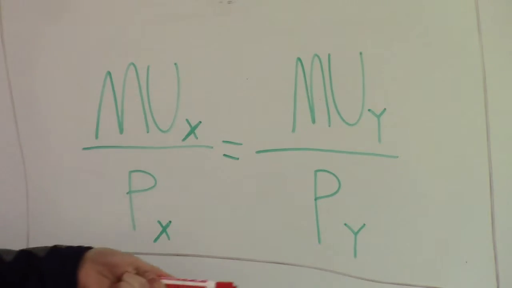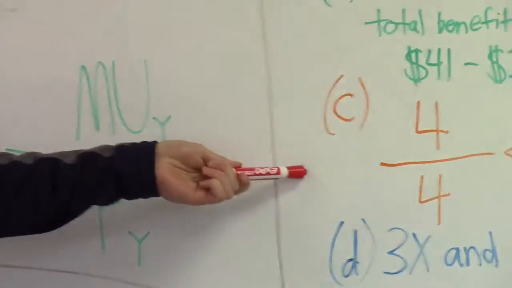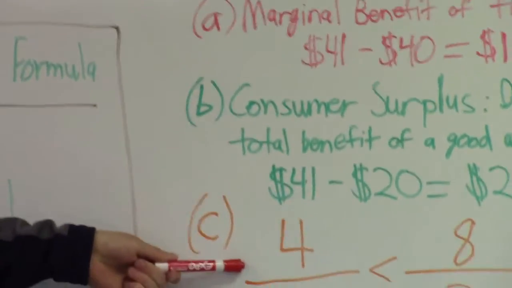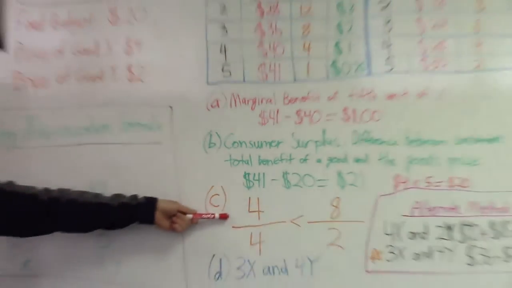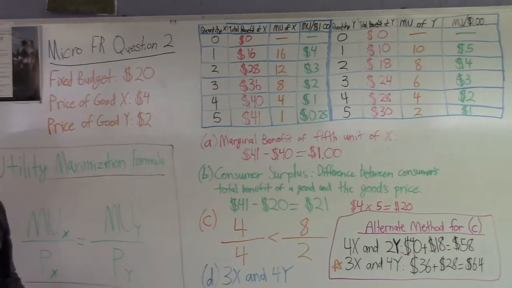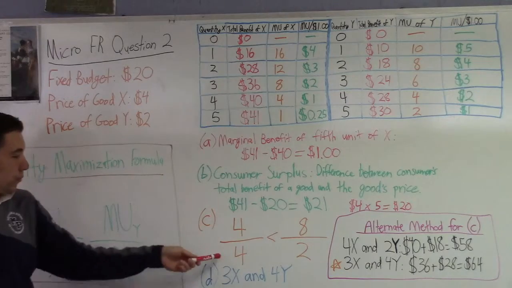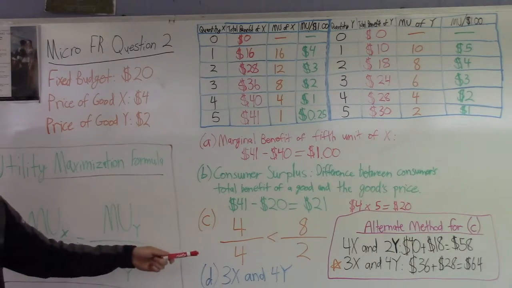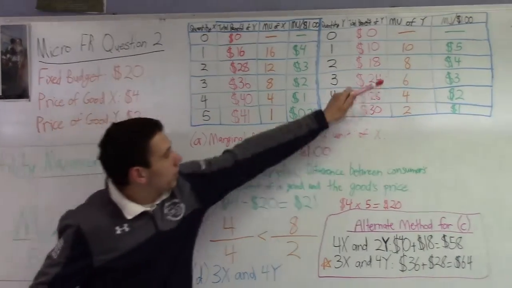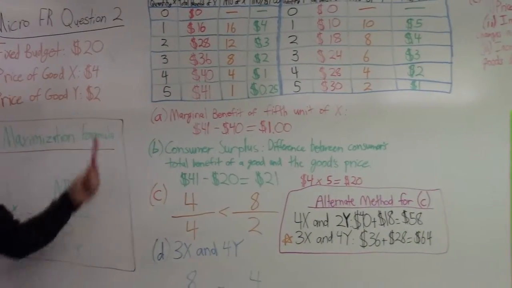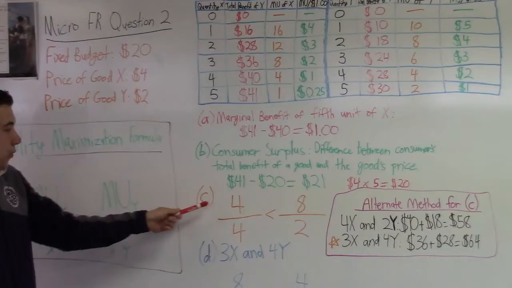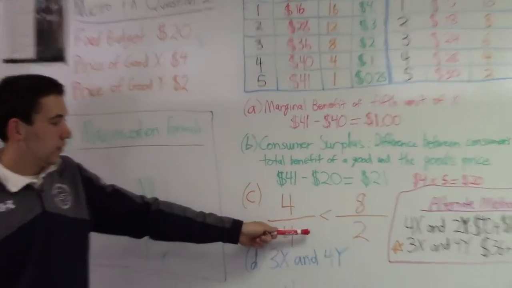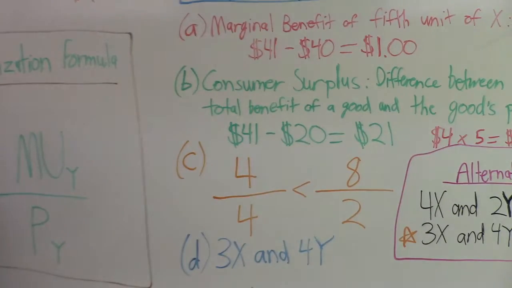So from this graph, we know that from X, you get 4 units of X, your marginal utility would be 4 over the price, which would be 4. And then you have for Y, you have 8 marginal utility over the price of 2. And there you get 1 is less than 4. So that is not an optimal combination.